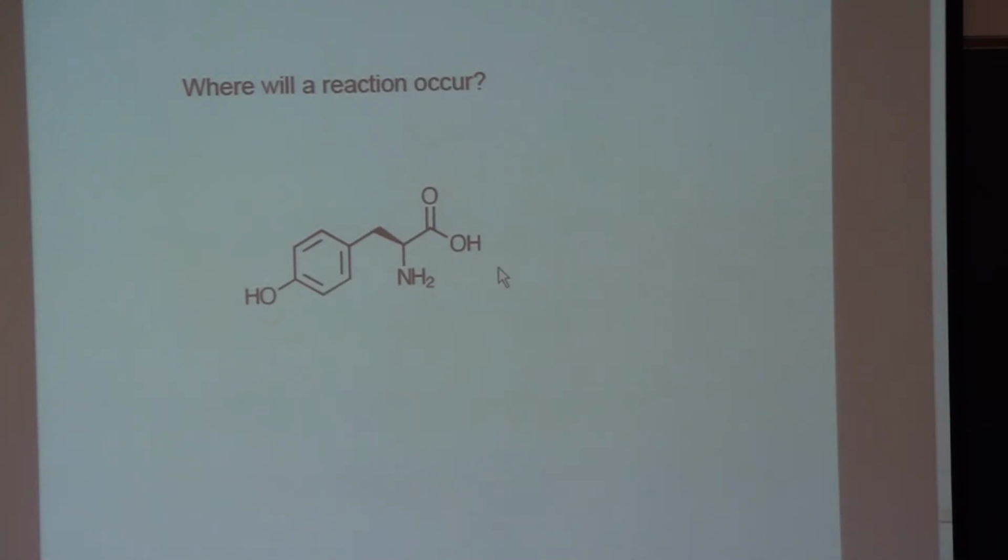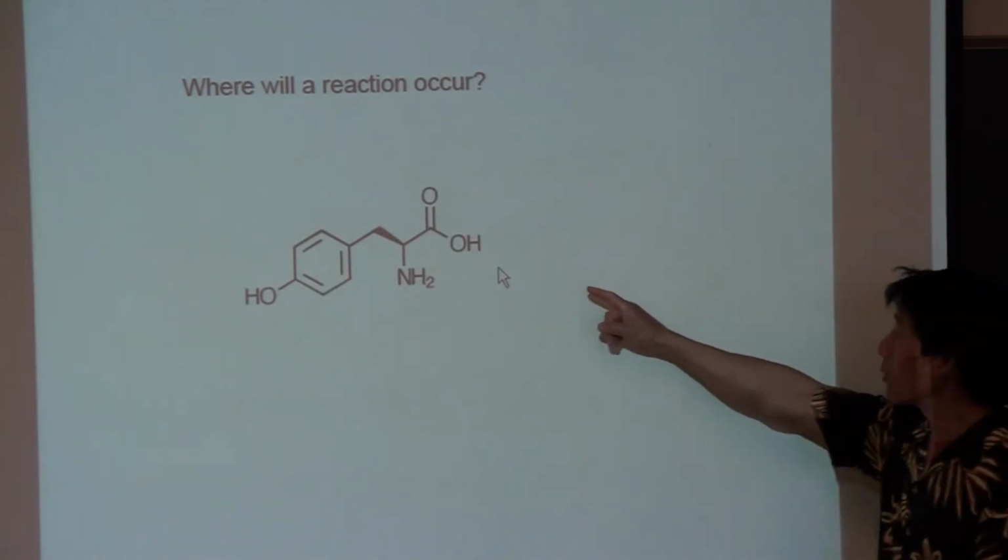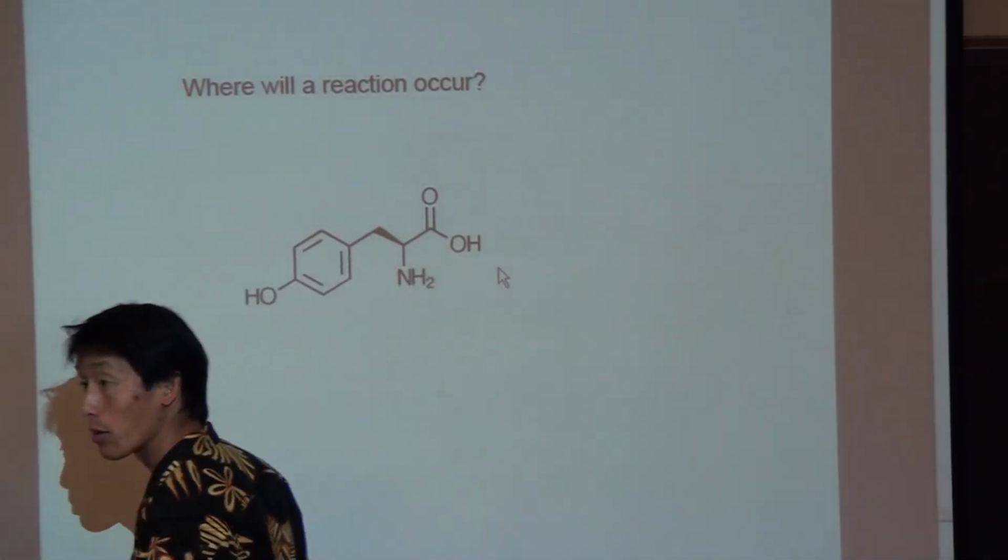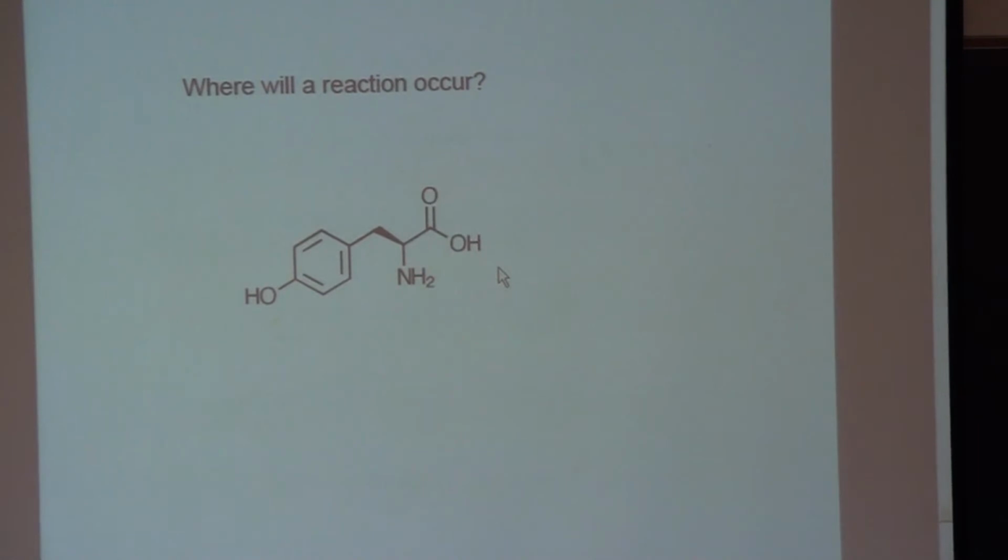Okay, so how does this compound react with NaOH? It protonates... deprotonates the acid group. So will it deprotonate the OH group? Yeah. But which one will it more likely deprotonate? The carboxylic acid. Yeah, so why the acid rather than the alcohol?